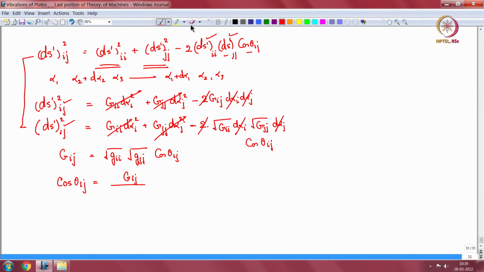Let me correct that here. So this should be capital G_ii, capital G_jj. So cos theta_ij now is this, G_ii, G_jj.